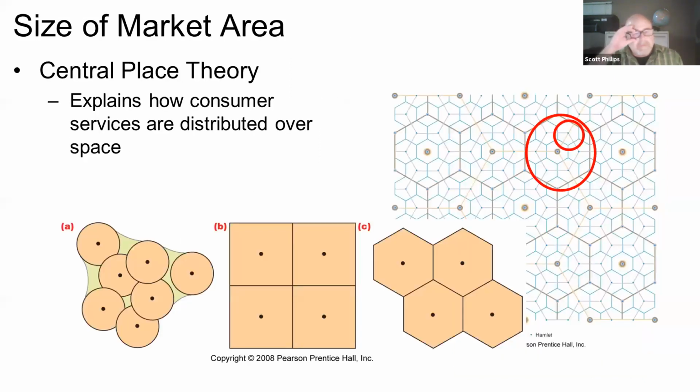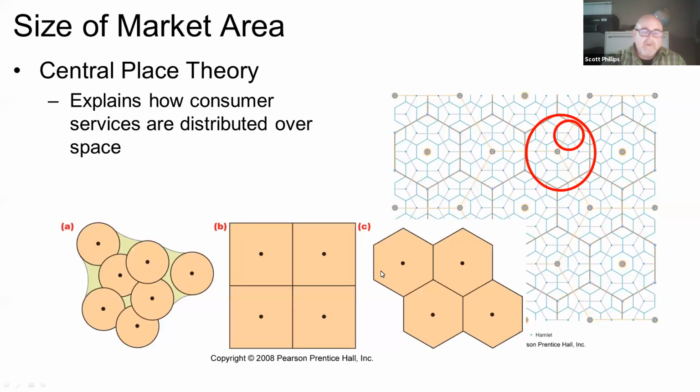Now, one way that we can look at this, to try to explain the size of different cities, is something called central place theory. This is the idea of trying to explain how consumer services are distributed over space. So the idea is that each city has a range of where people will go to shop or have services there.